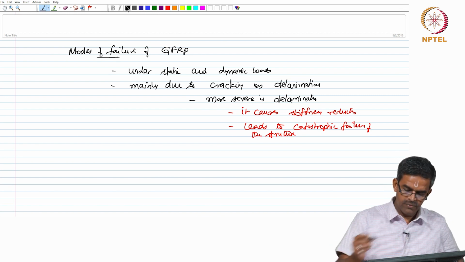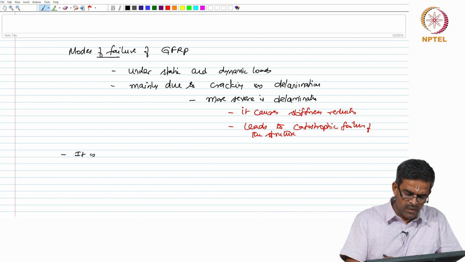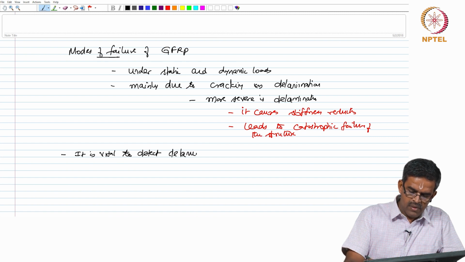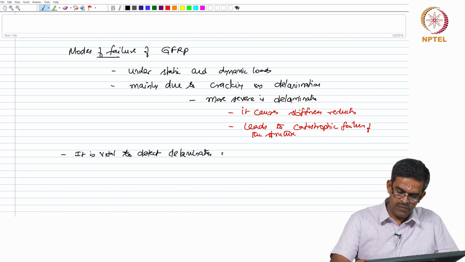So, friends, it is vital to detect delamination in GFRP.